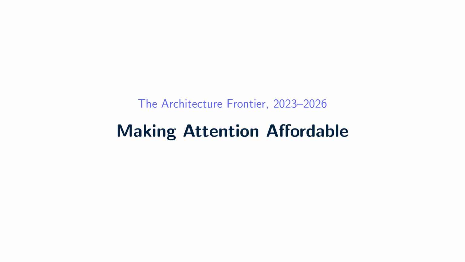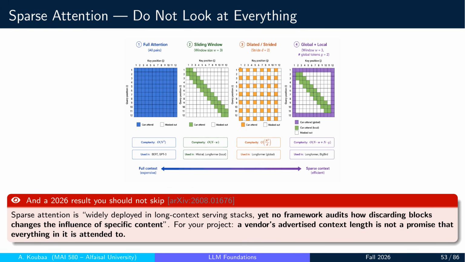There are two broad choices, and they are genuinely different. Attend selectively, look at less, or replace part of the attention mechanism with a compact recurrent state, remember less. Sparse attention starts from a simple question. Does every token really need to compare itself with every other token?